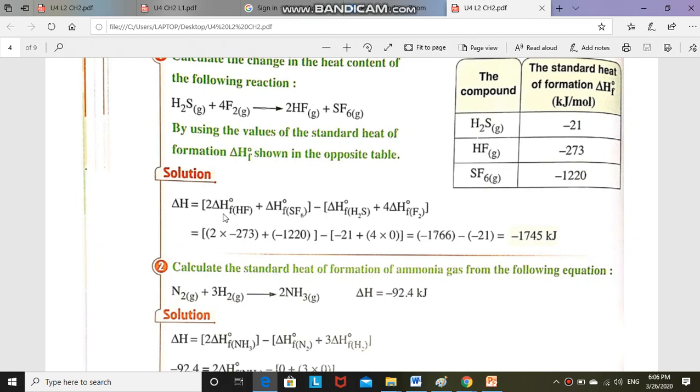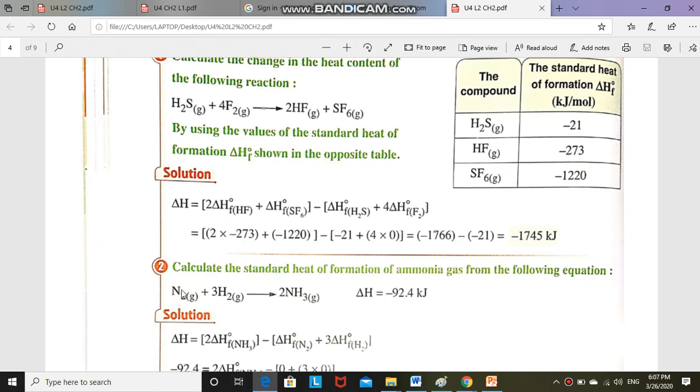So delta H equals 2 times delta H formation of hydrogen fluoride plus the standard heat of formation of sulfur hexafluoride, minus delta H of hydrogen sulfide, 1 only, plus 4 times delta H of formation of fluorine gas.